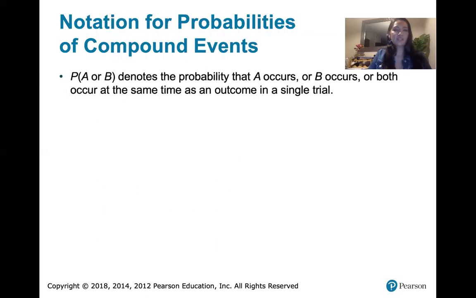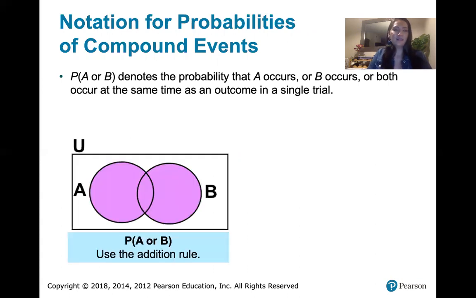Now here's some notation related to compound events. The probability of A or B is denoted this way. This denotes the probability that A occurs, or event B occurs, or both occur at the same time as an outcome in a single trial in a given procedure. So this can be represented by this Venn diagram.